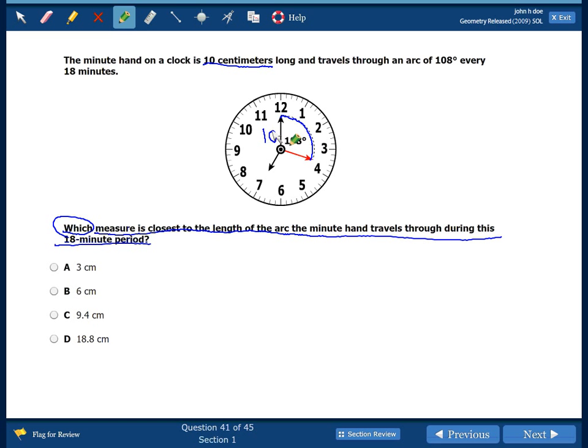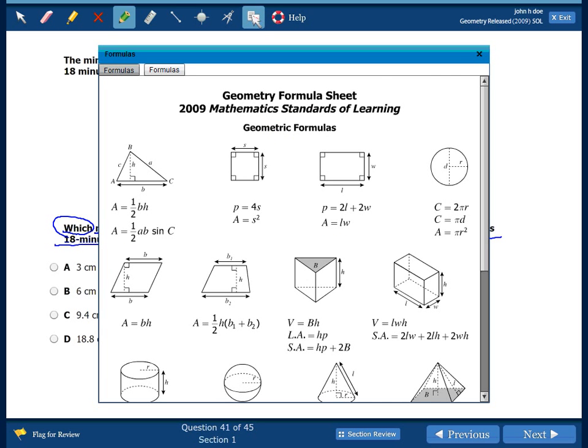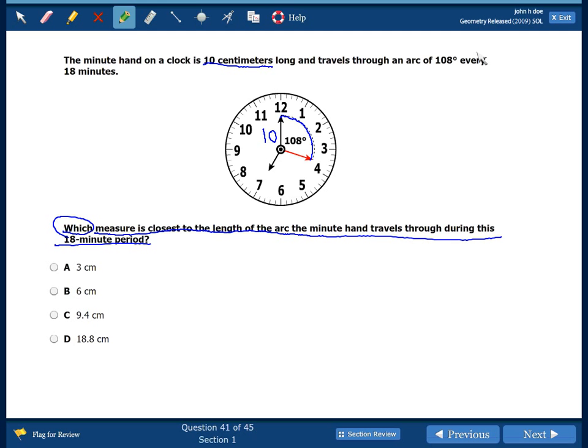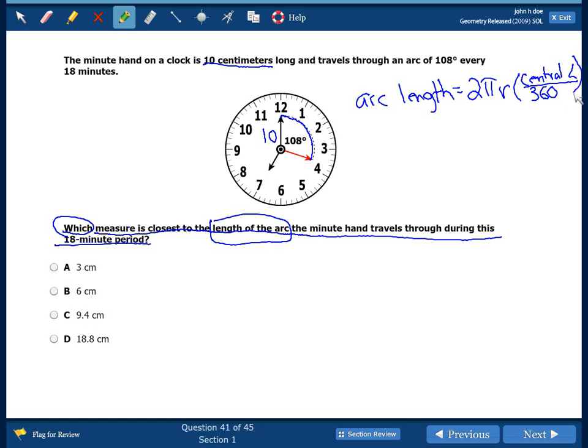So we're finding a portion of the circumference. When we look at our formula sheet, our circumference is 2 pi r. So the arc length is equal to 2 pi r times the central angle over 360. This is very similar to what we did with sector area a few problems ago.